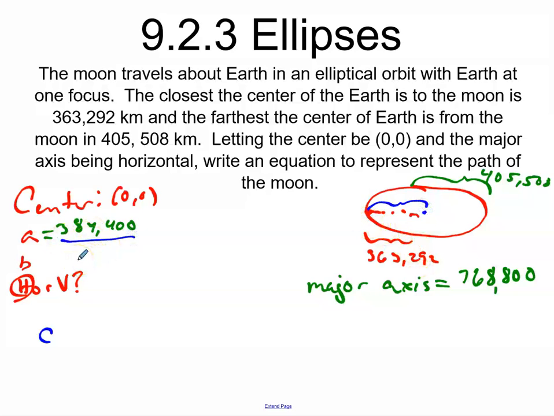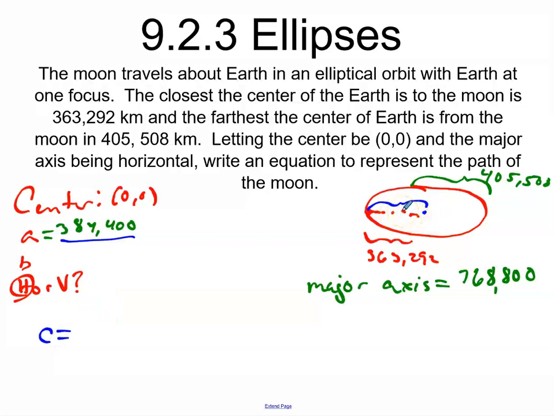So if I find the difference between my a and that shortest distance, that's going to tell me my c, this distance right in here.